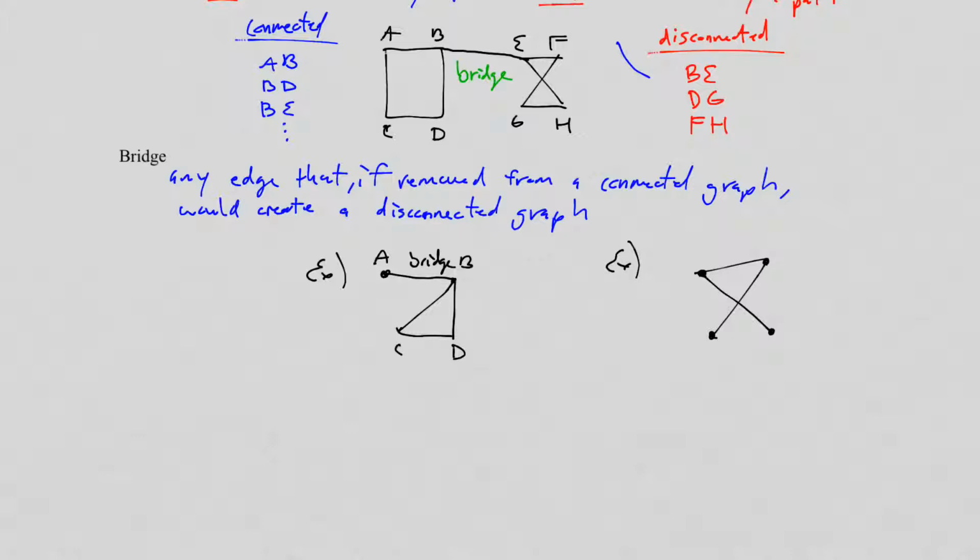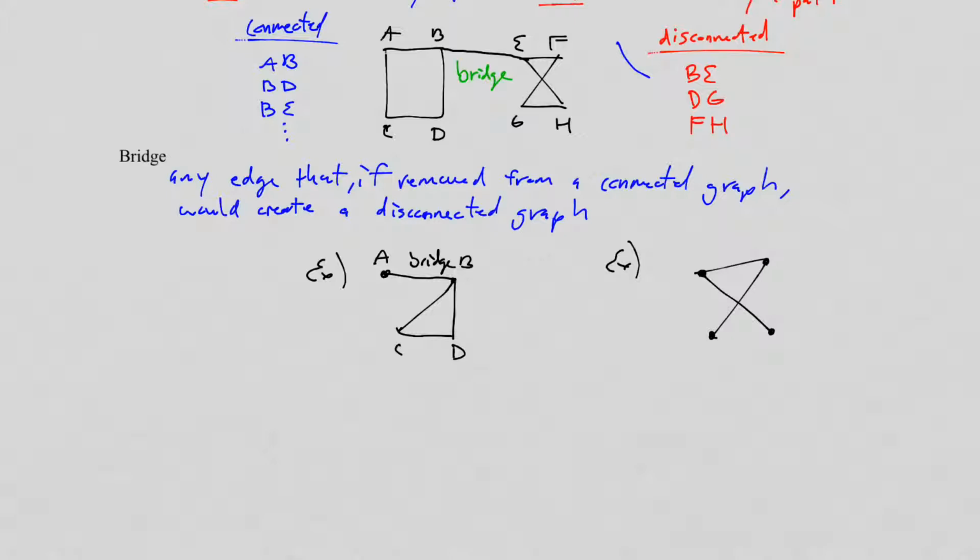Which lines are bridges here? The top one is a bridge, right? If you take it out, you won't be able to get to the other points. You're not allowed to change in the middle right here. You can't just stop here and make a left or right.